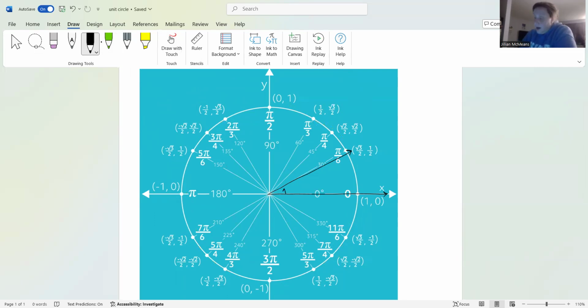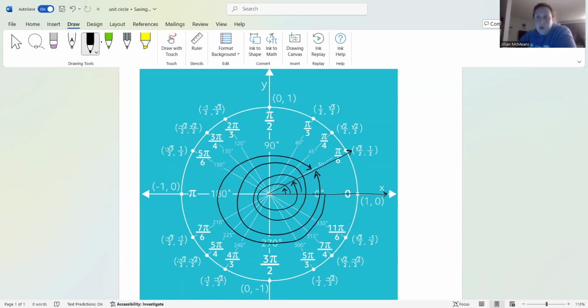Well, what if I went all the way around and landed right back here? Well, that's a new angle. It's a new value for theta, but it's the same exact ratio. What if I went around again and landed right there? Same ratio. What if I went backwards? Same ratio.